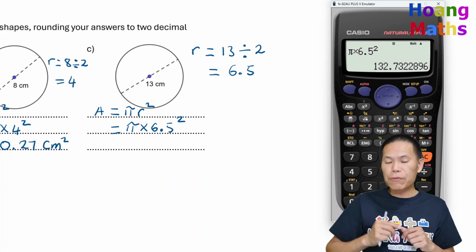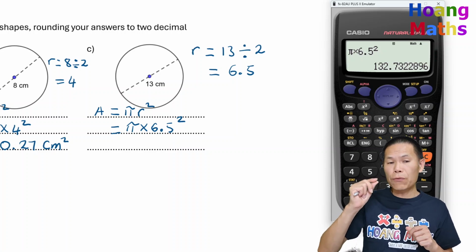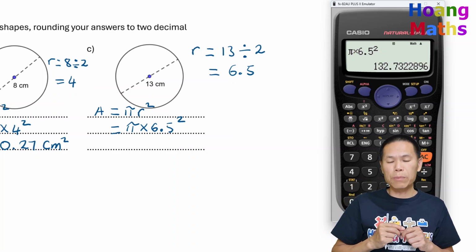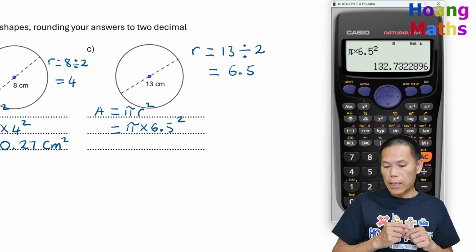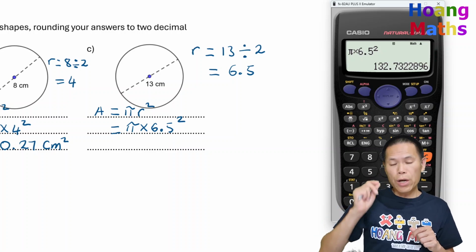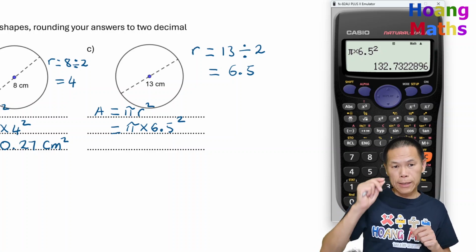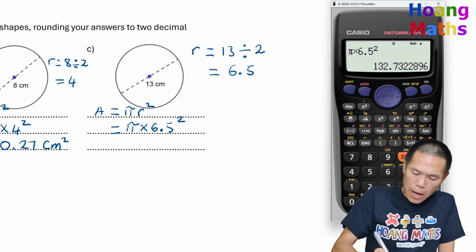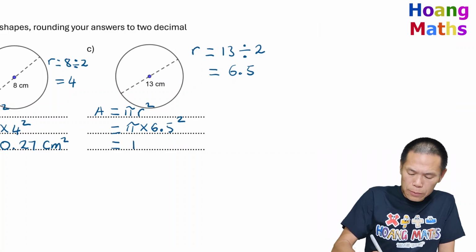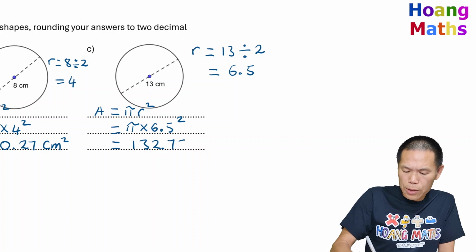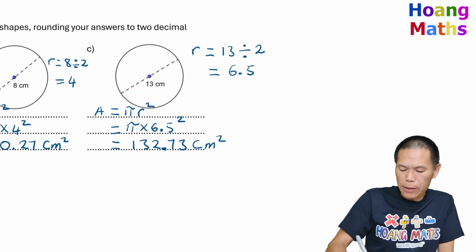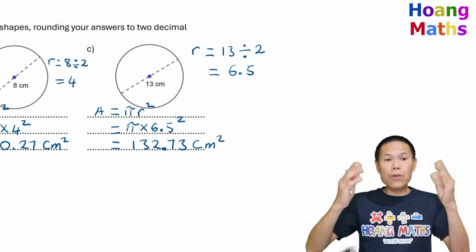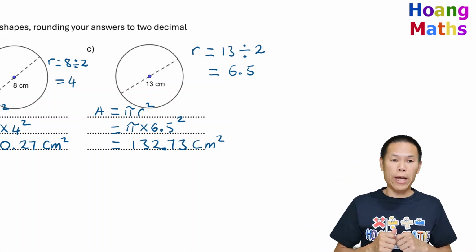So the number after 3 is 2, so less than 5. So therefore, we just keep the 73. So that is 132.73 square centimeters. So there you go. And I hope you got it correct.